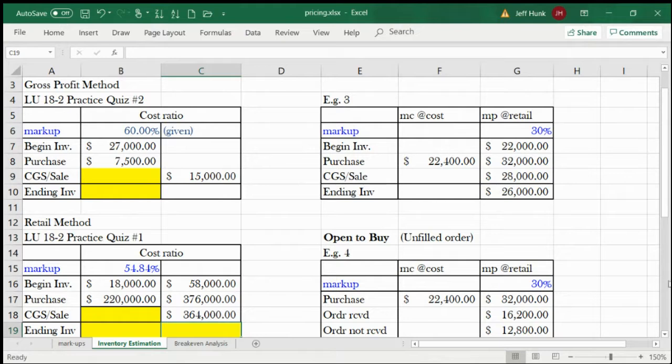And today's topic is the overhead and markup.